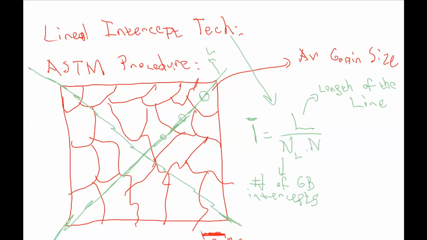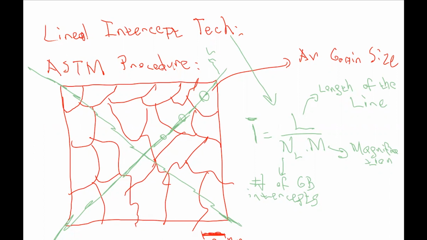And M is just the magnification in the micrograph of the material. Then from this formula, we can derive the mean linear intercept.